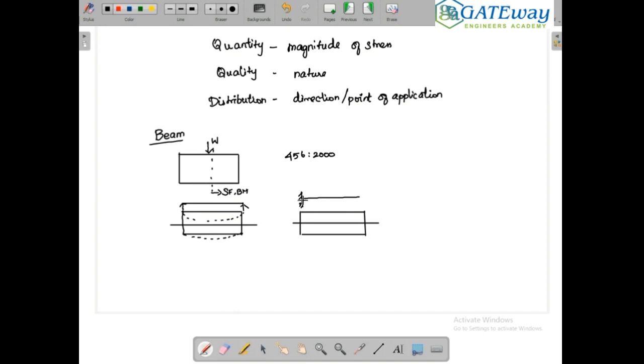For the cantilever, it will be of hogging nature. So for the cantilever, this is the tension zone and this is the compression zone.